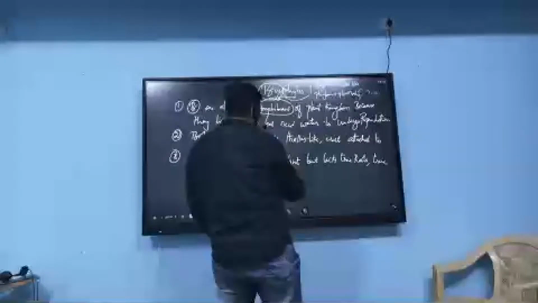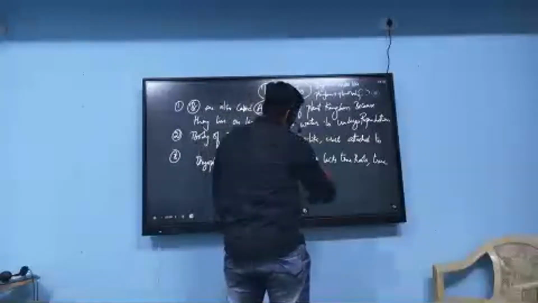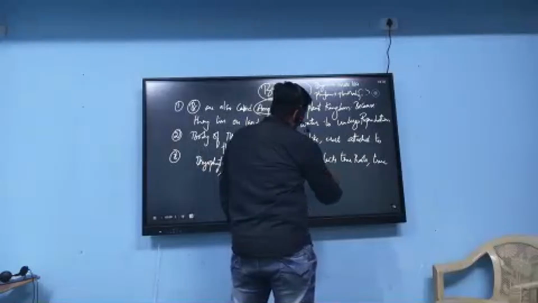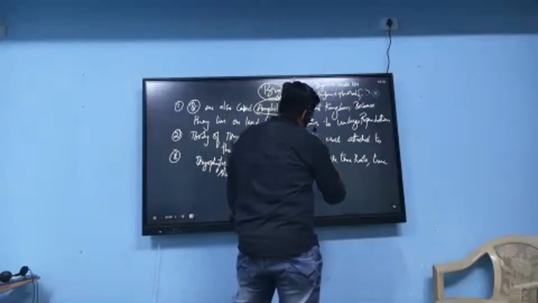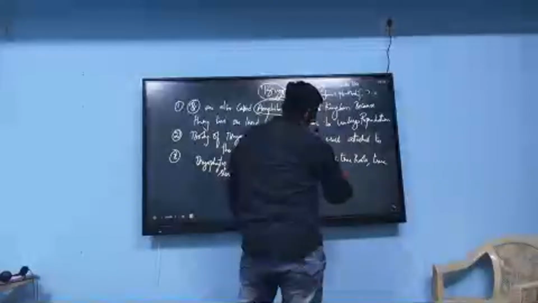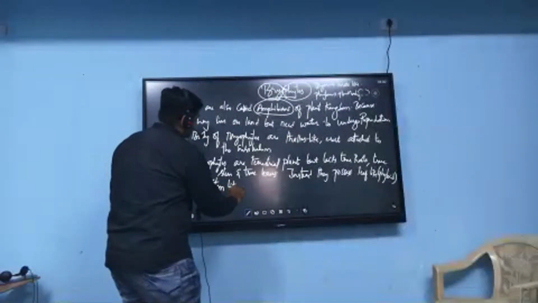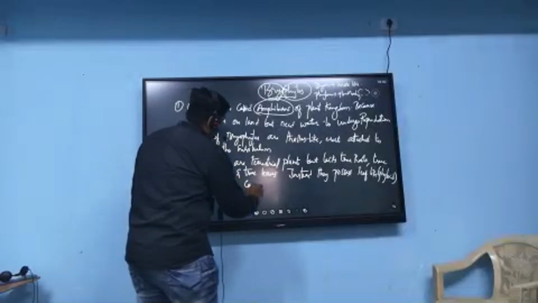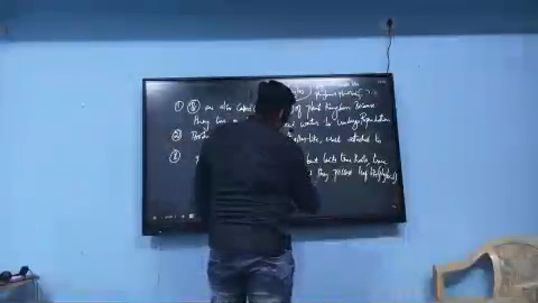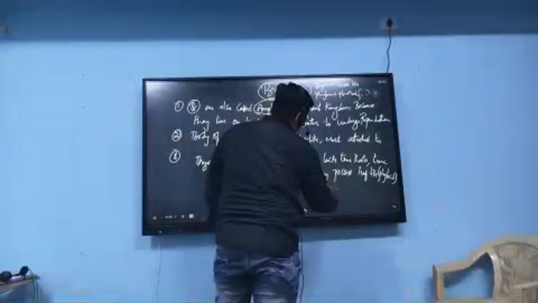Instead, they possess leaf-like phylloids, stem-like cauloids, and root-like rhizoids.